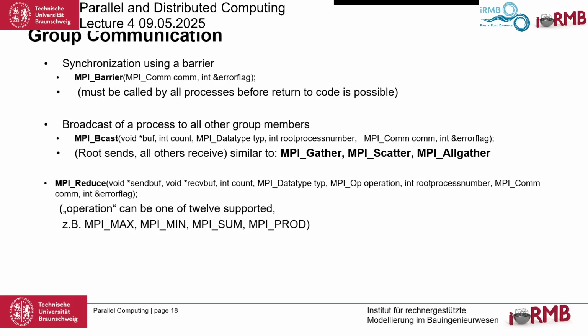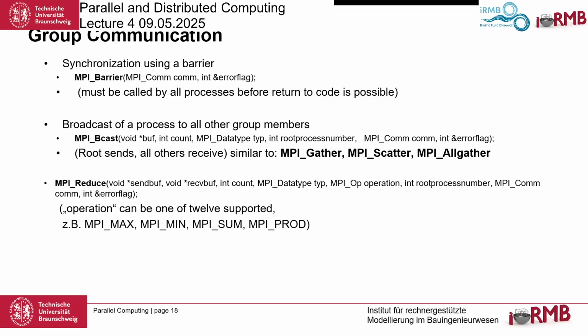This indicates who is sending, and everybody that is not sending is receiving. So everybody has to call broadcast, but the one that has this process number is sending it out, and all the others are receiving it. And of course, there's a communicator.